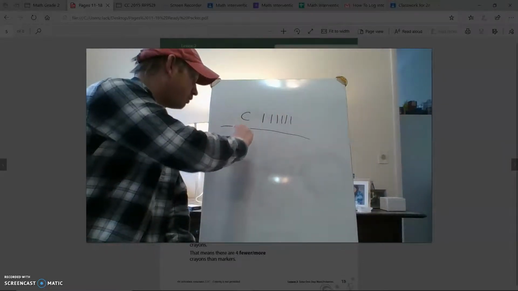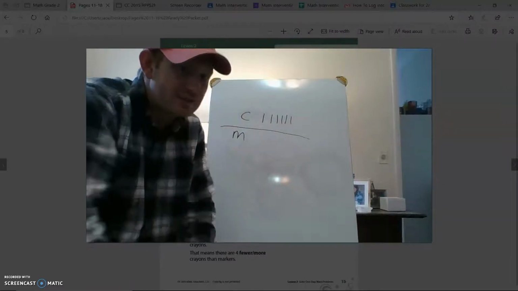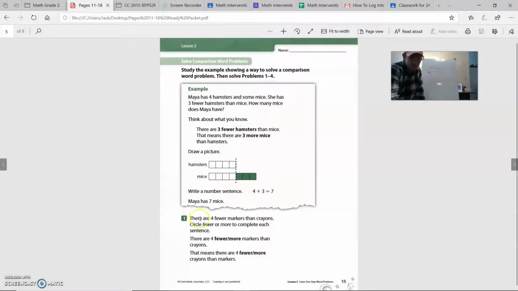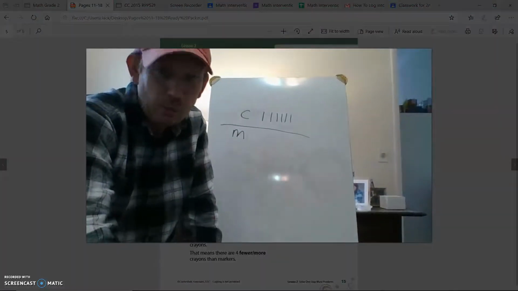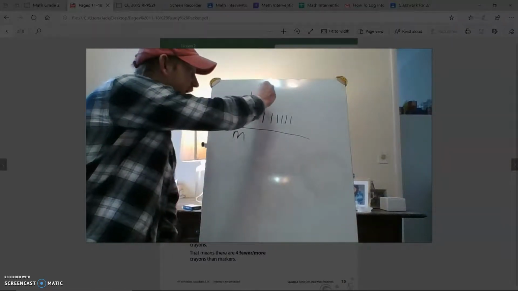And then down here we have markers. Now the only thing that I know about markers is that I have 4 fewer of them, because as it says here, there are 4 fewer markers. And we just went over it, but fewer means less.